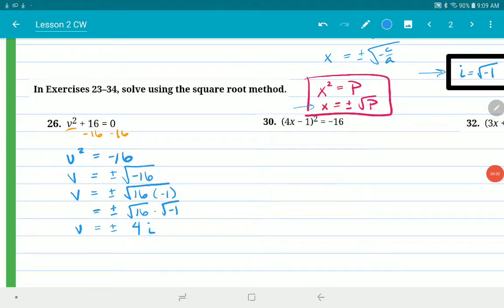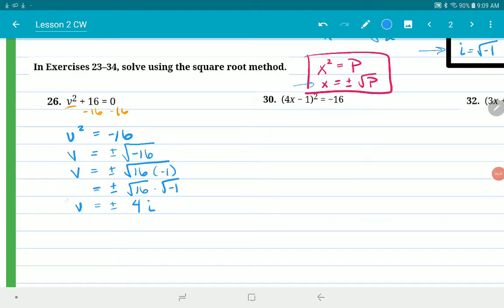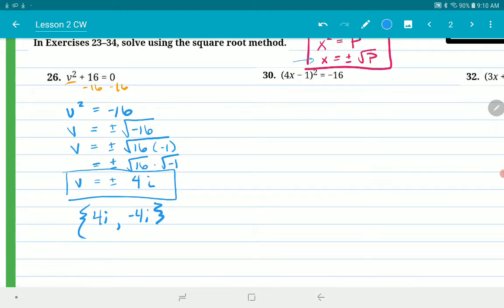So I can express plus or minus 4i as my final solution. I just want to recognize, though, that's really two solutions. That's actually positive 4i and negative 4i. That's two different solutions to this equation. So if I did want to check my work, I'd want to check a positive 4i and a negative 4i.